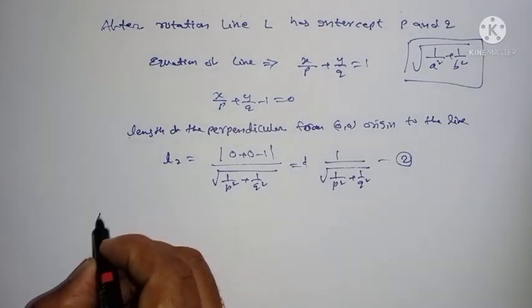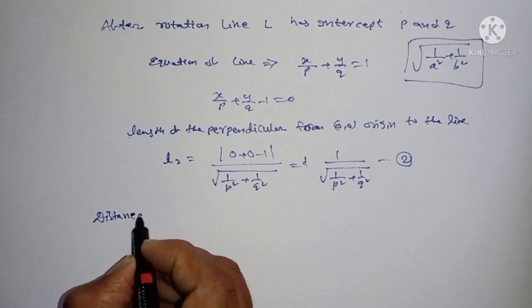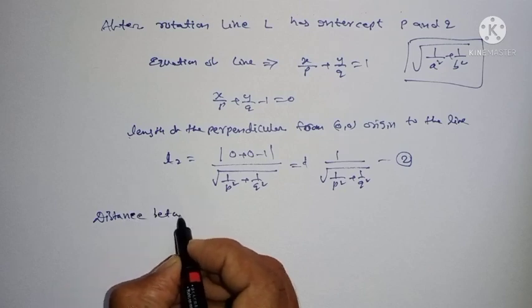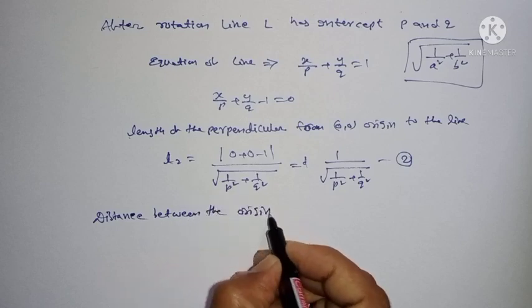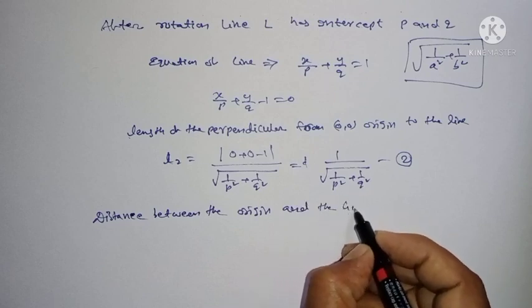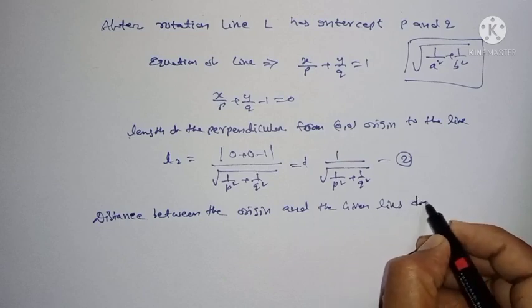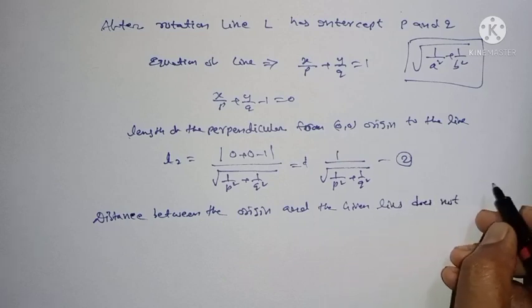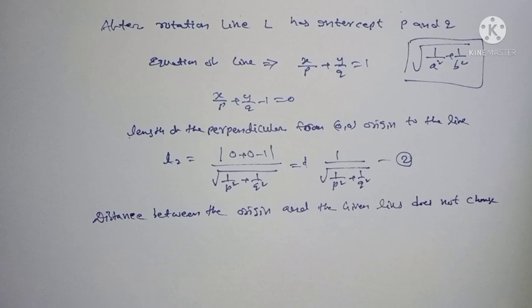The distance between the origin and the given lines does not change. If you are rotating the axis, the distance will be constant only. If the distance is 2 meters, here also 2 meters only.